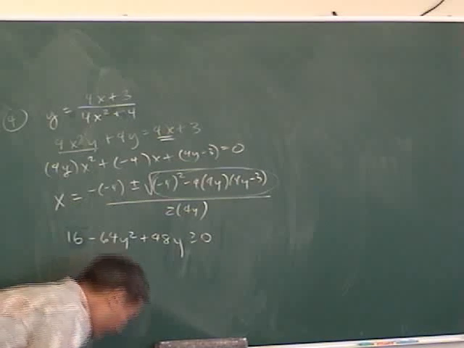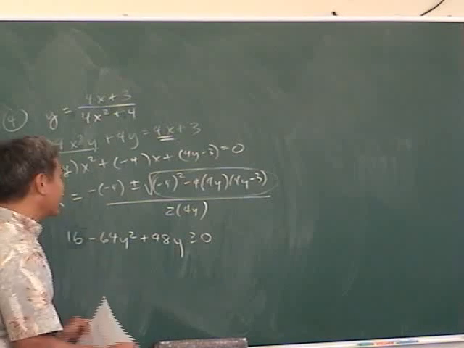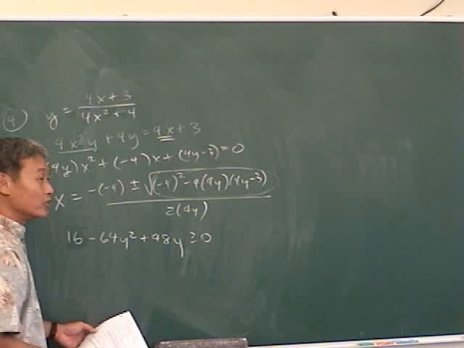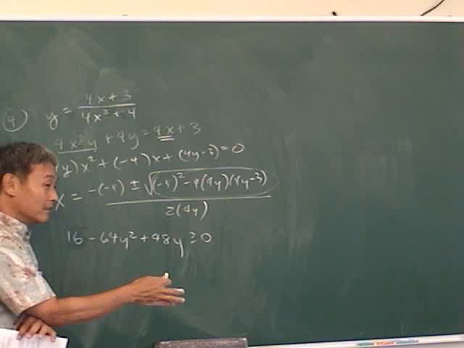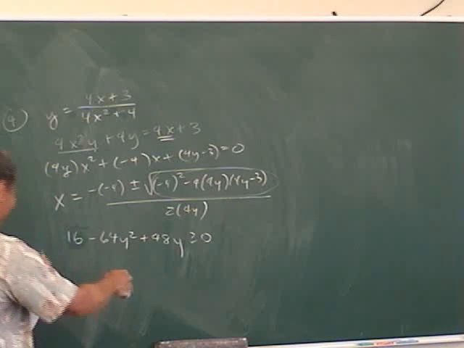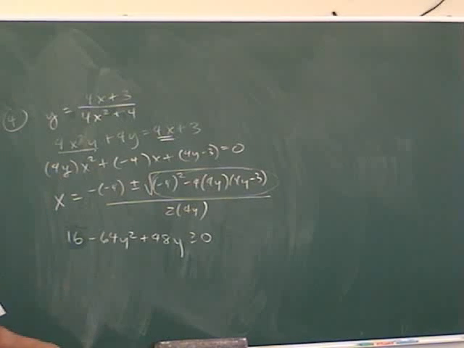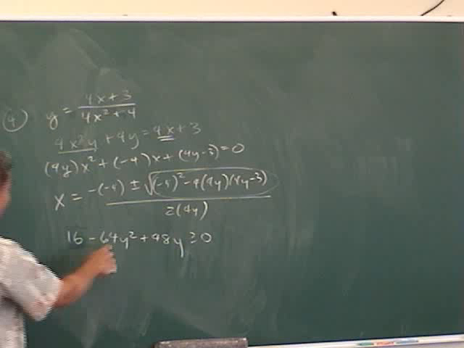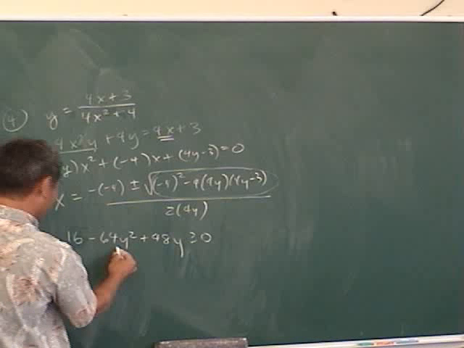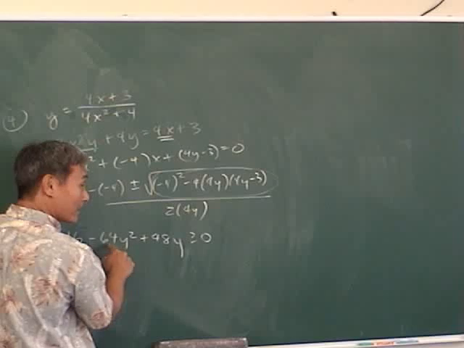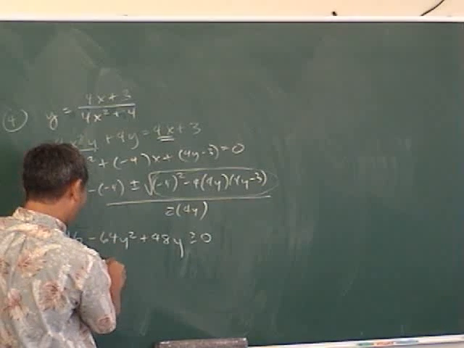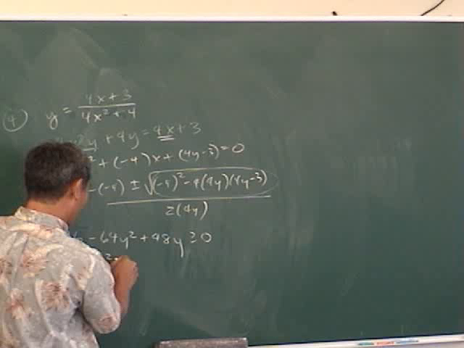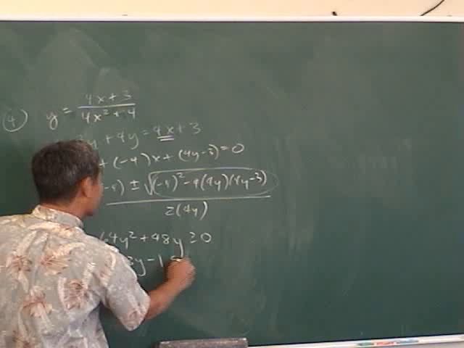Yeah, but you don't divide by 16, you divide by negative 16, because you want the first term to be positive. You want the first term to be positive, so divide by negative 16. So that's 4y squared minus 3y minus 1 is less than or equal to 0.